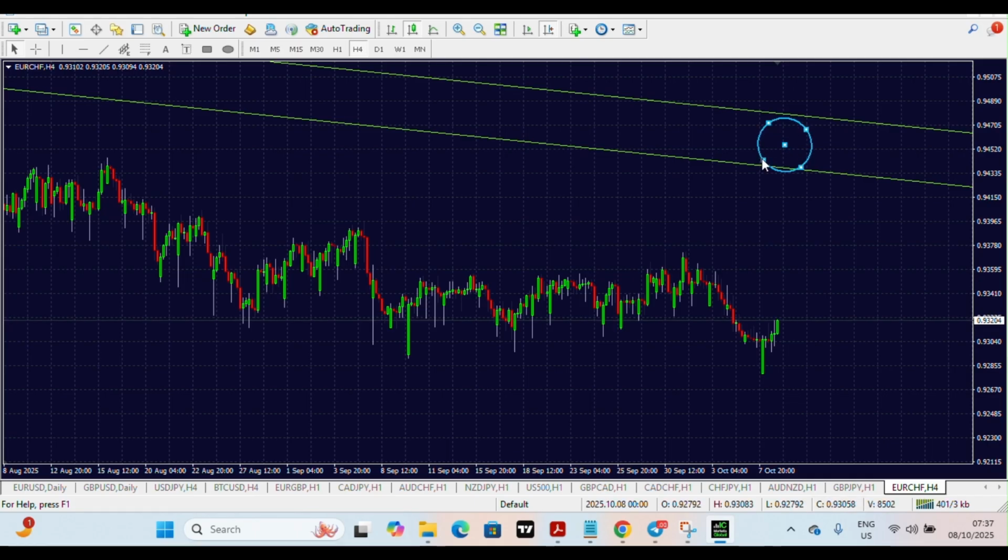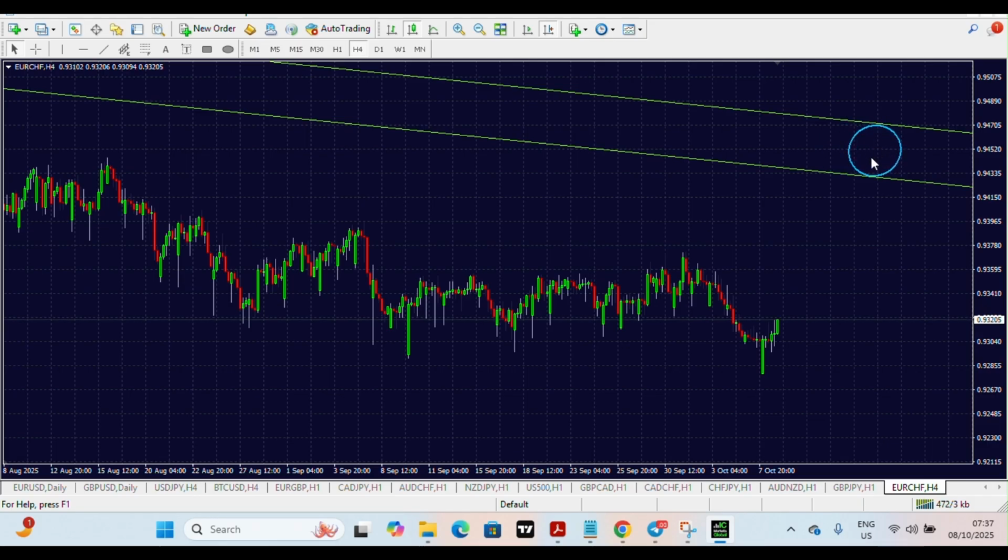We're going to watch the market come to this area.